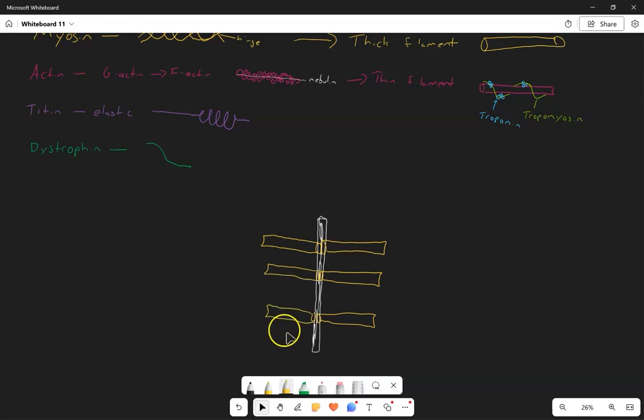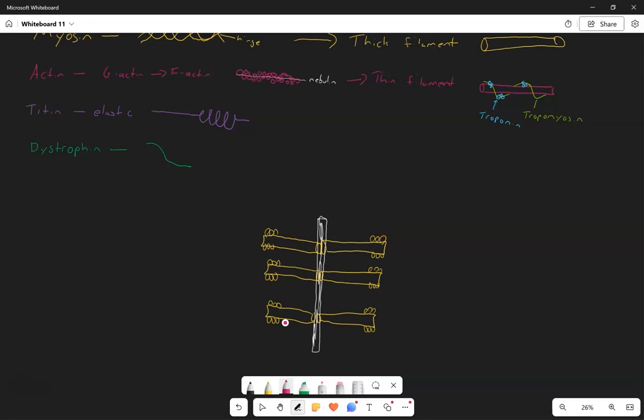The way that they're aligned is that you have your globular heads out at the periphery, away from the M line, and then on this side, they'll be over here, like so.